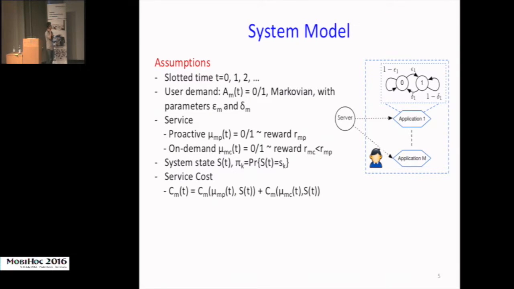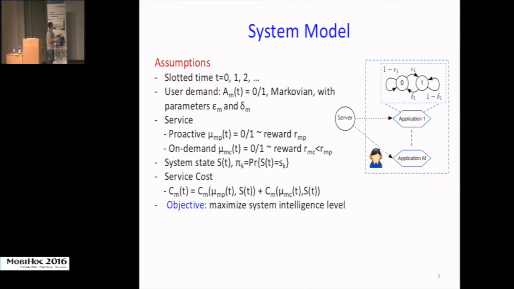And then service cost consists of two parts. The first part is the service cost you need to spend for pre-serving something in the next time slot, and the cost you need to spend for serving something in the current time slot. So maybe in the current time slot, the user actually placed some order, so I need to fulfill that.